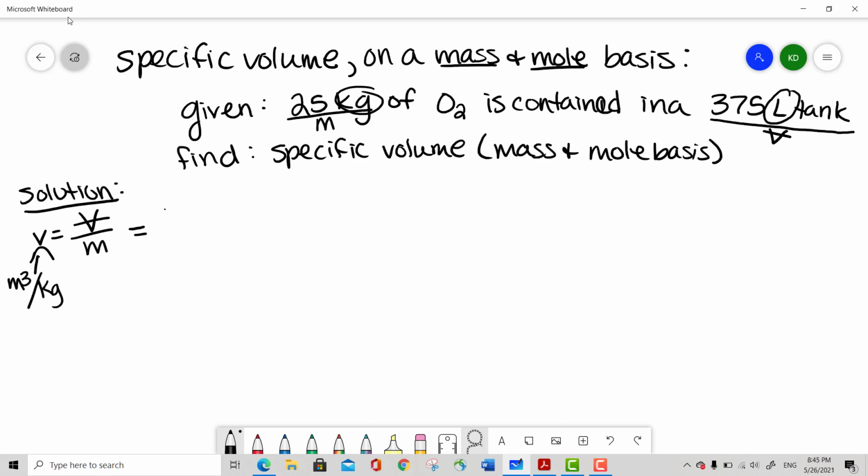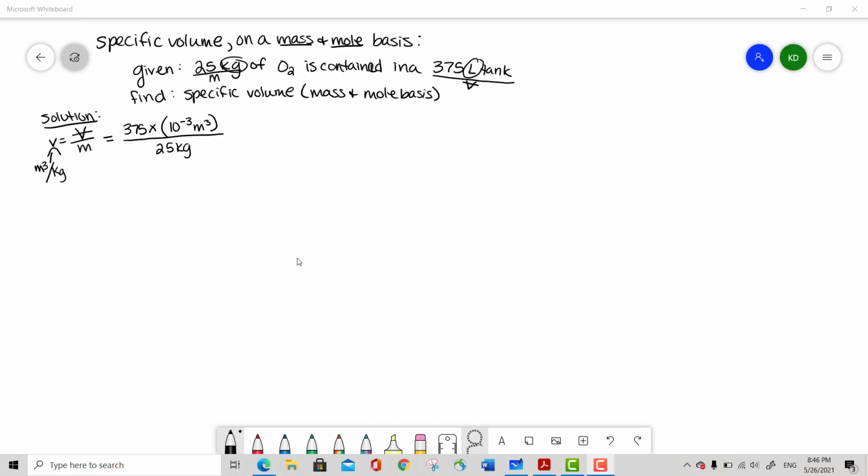So we are going to have 375 times our multiplier, 10 to the negative 3 meters cubed to get that liters into meters cubed over 25 kilograms. Okay, I zoomed it out a little bit, see if that helps. Okay, so then that gives us 0.015 meters cubed over kilograms.